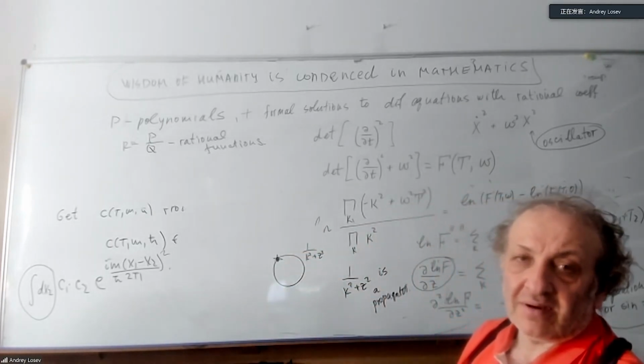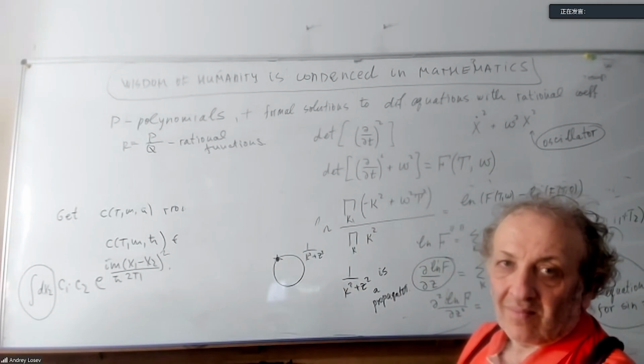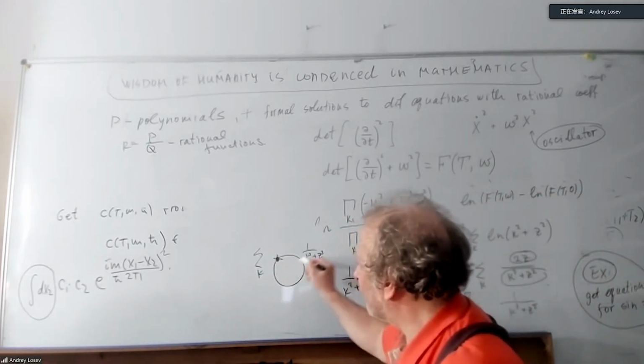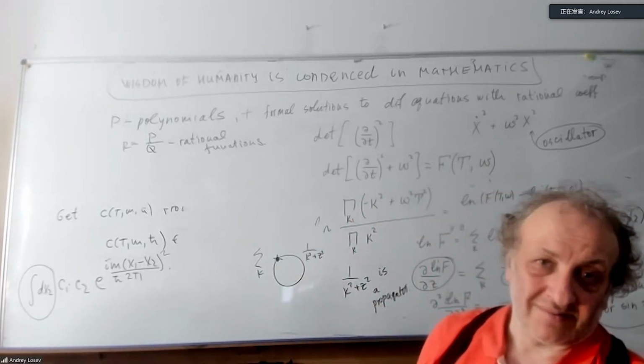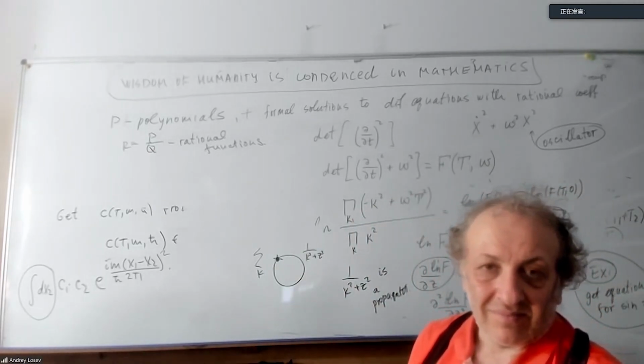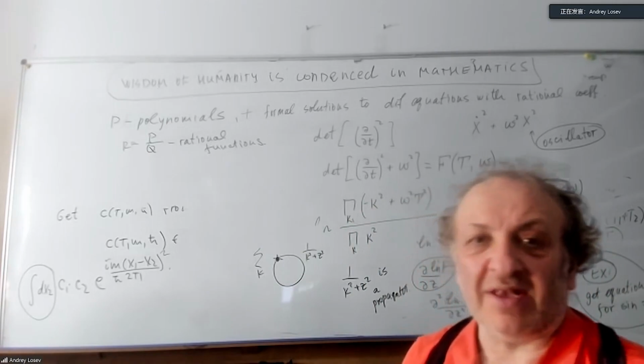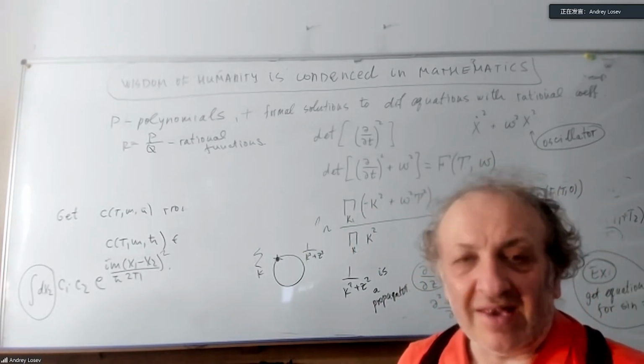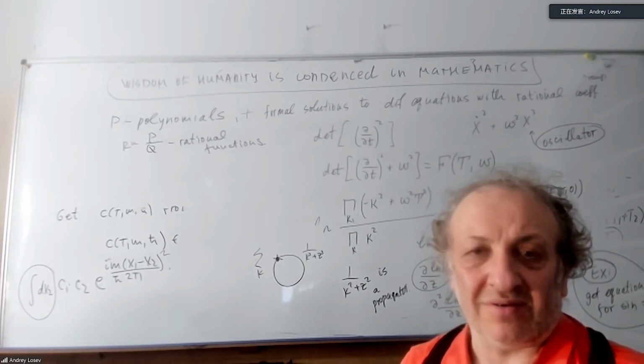And this has a meaning. You have a sum here. It is convergent. So while the determinant is divergent, its derivatives are convergent.